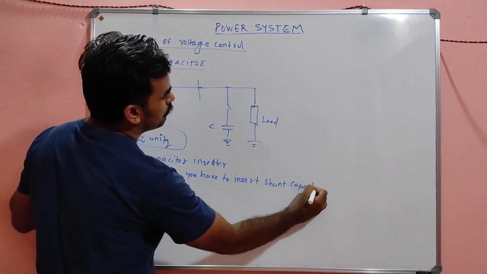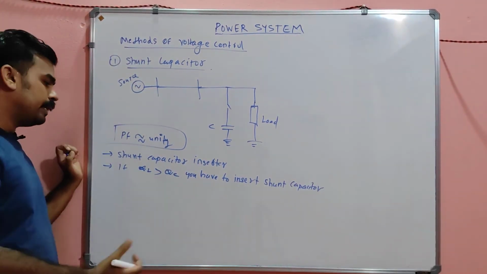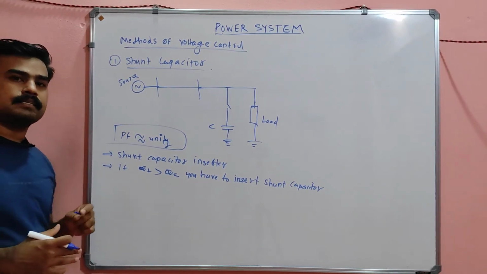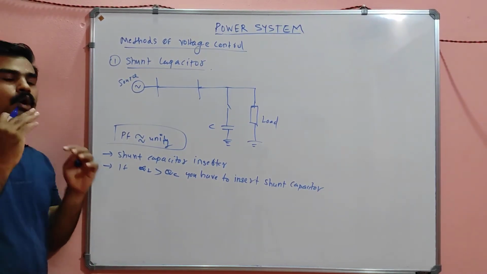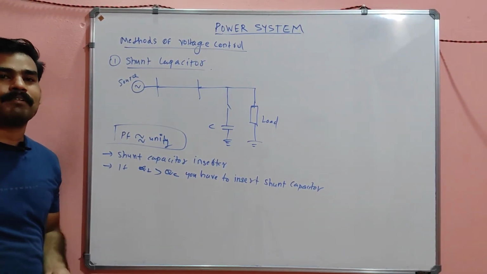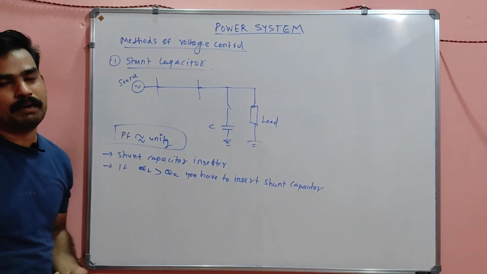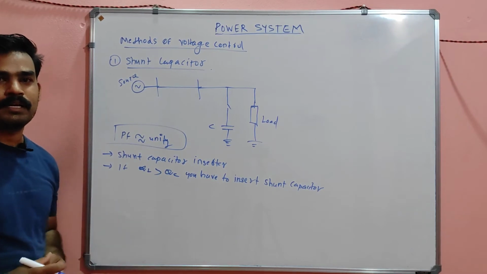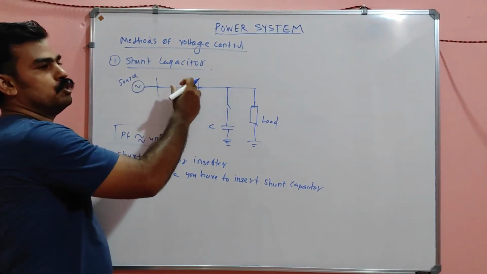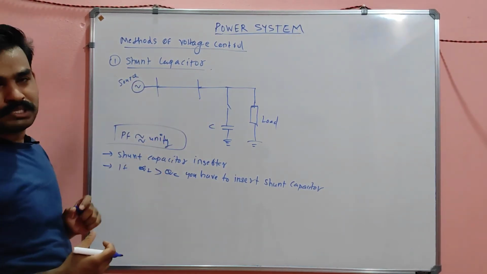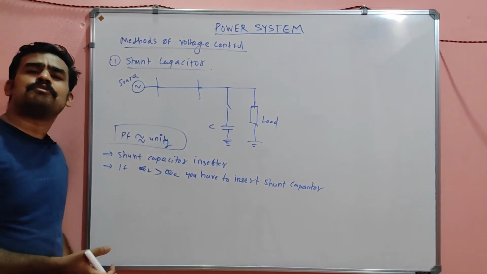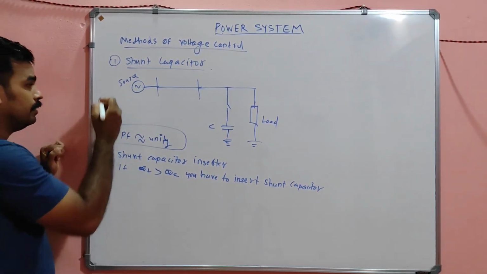That's all. That means if more inductive reactive power is being absorbed, then you have to add a capacitor so that it can deliver a portion of the reactive power, so that the reactive power absorbed from the line will be reduced, because it can provide the reactive power to the load. That's all.